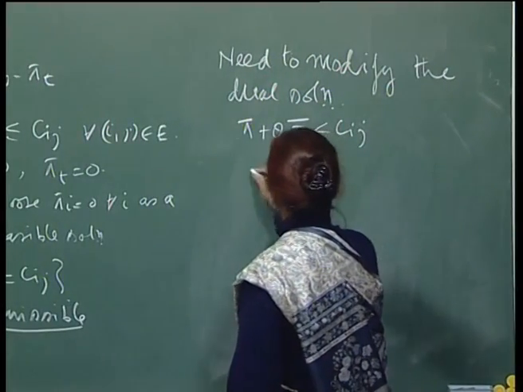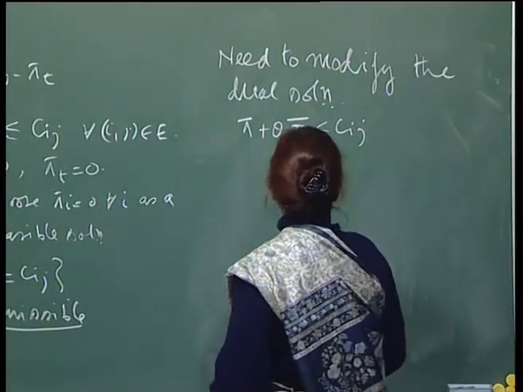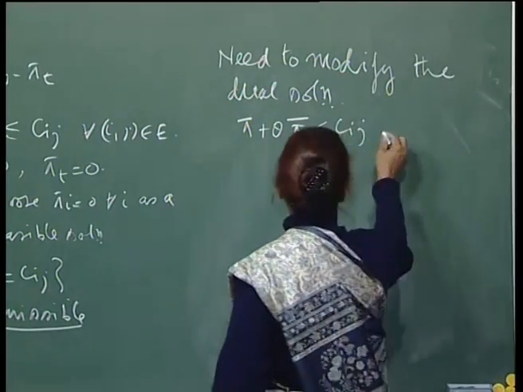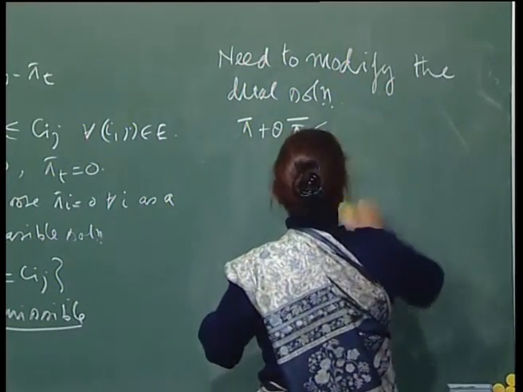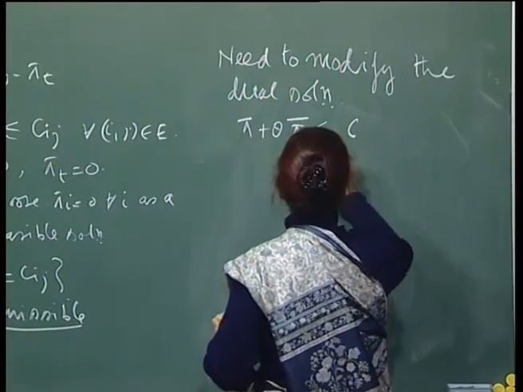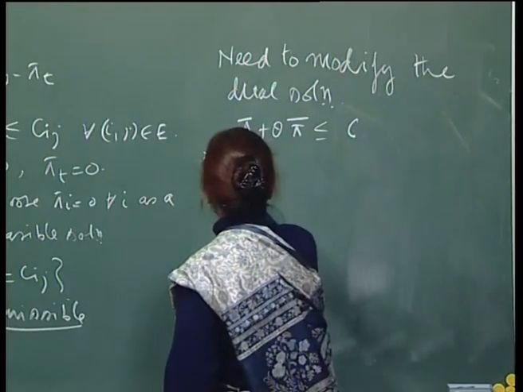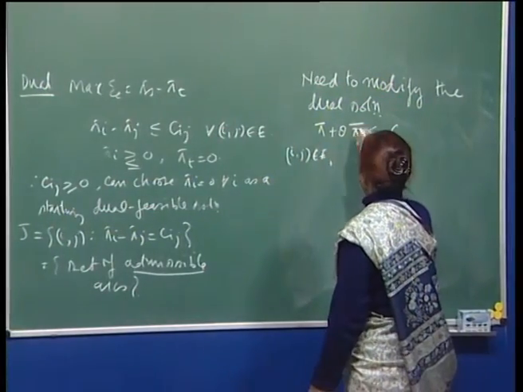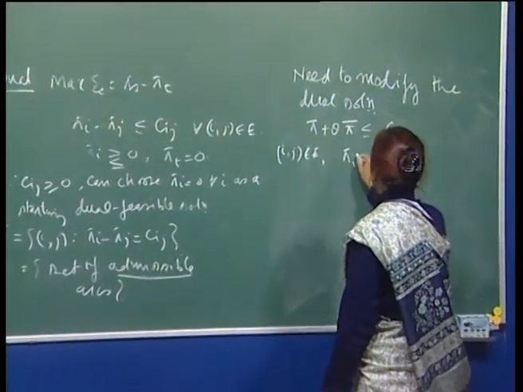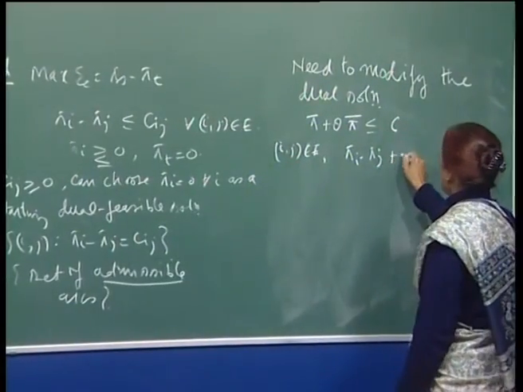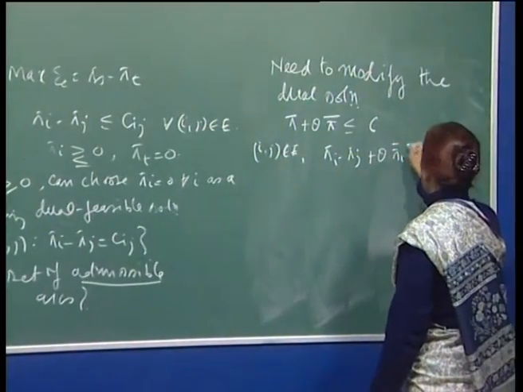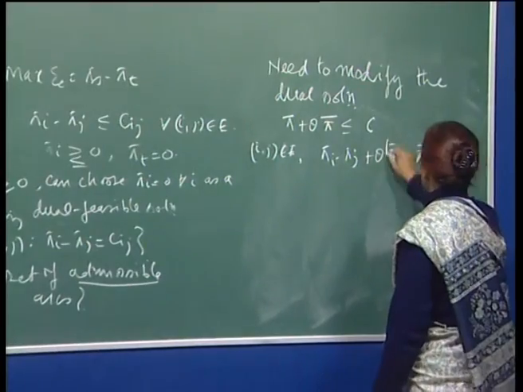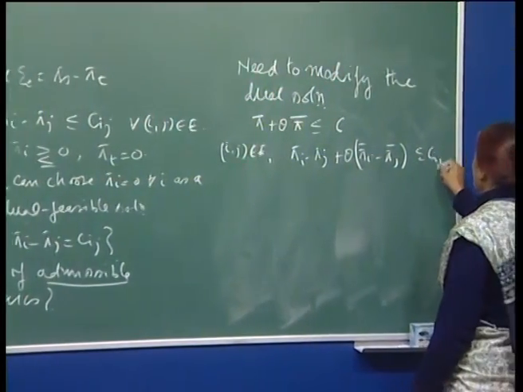Now, if pi bar, so here again, sorry, this is less than or equal to C, right. So, a typical constraint, that means for ij belonging to E, the typical constraint will be pi I minus pi j plus theta times (pi I bar minus pi j bar) less than or equal to Cij.